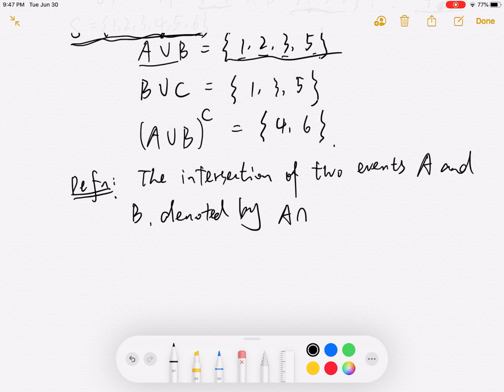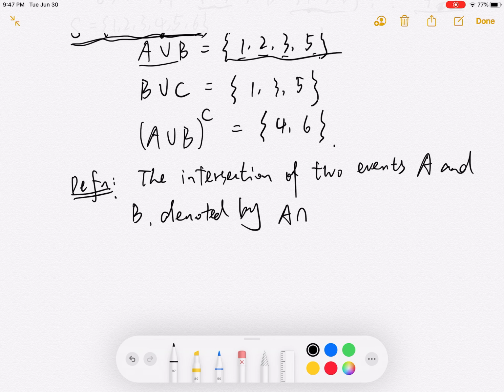And then let's take a look at this: if I gave you that the sample space is 1, 2, 3, 4, 5, 6, okay, that's the sample space, and we know A union B is {1, 2, 3, 5}, and I want you to find the complement of A union B. So we want to find all of the outcomes in the sample space, but not in the A union B here, since we're looking for the complement, right?